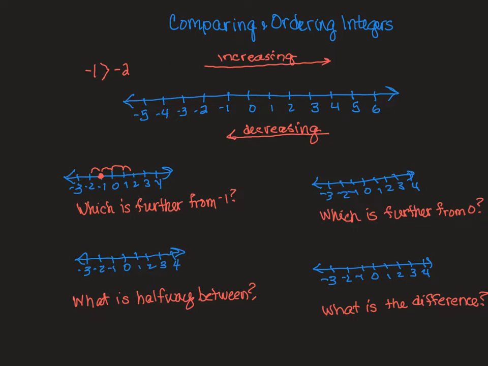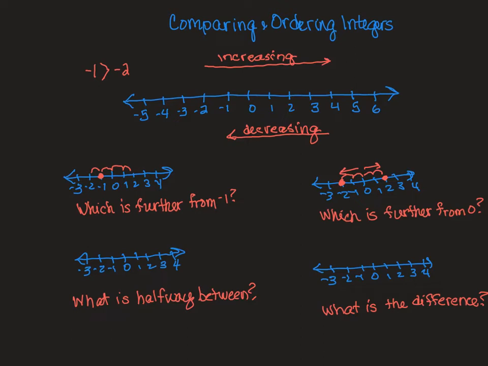The next problem is, which is further from 0? Let's take -2 or 2. They're the same, right? Because they are opposites. This goes this way, this goes that way, and if I add them together, it would be 0.